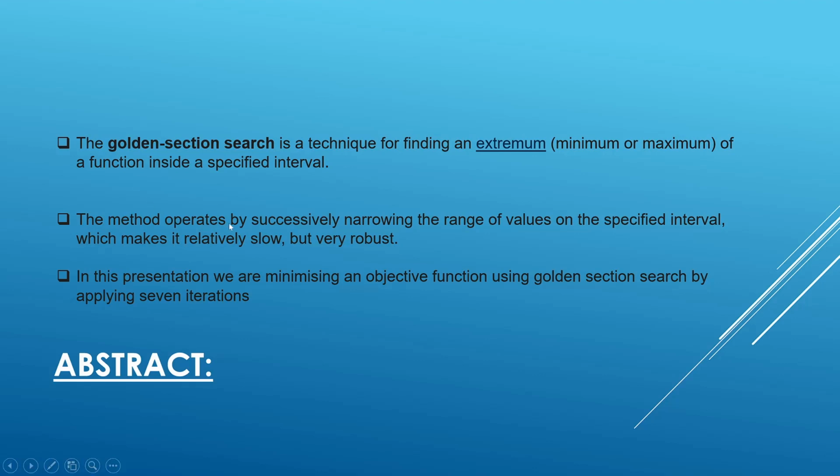The method operates by successively narrowing the range of values on the specified interval, which makes it relatively slow but very robust. In this presentation, we are minimizing an objective function using golden section search by applying several iterations. Iterations are the number of times we practice the same method to obtain the minimum or maximum point for the given function.